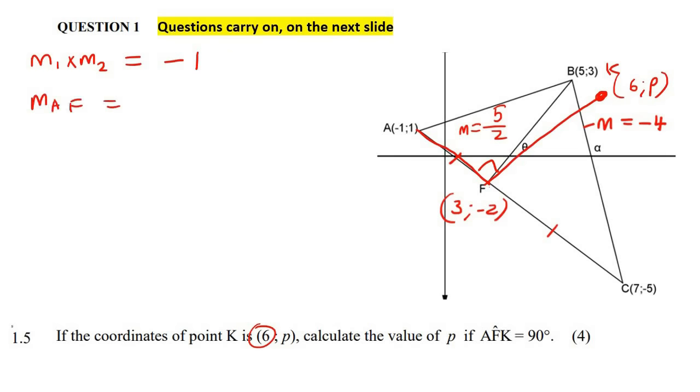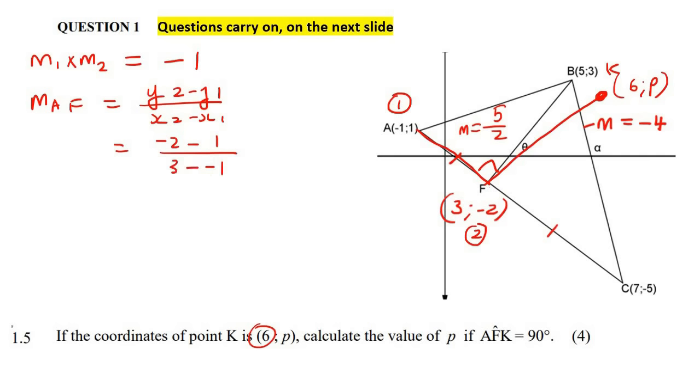This one over here. So we're going to use y2 take away y1 over x2 take away x1. And so I'm going to use this as point number 2. This is point number 1. And so that would be -2 take away 1 over 3 take away -1. And that's going to end up giving us -3 over 4.